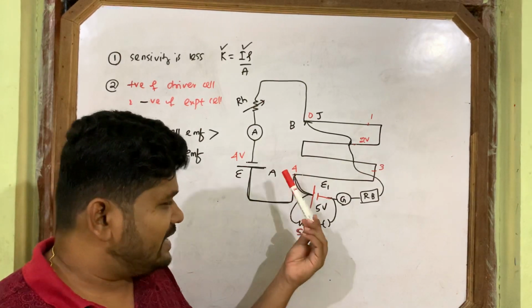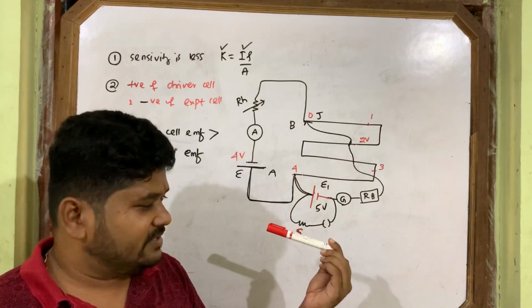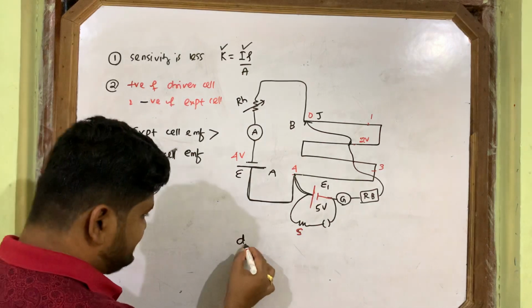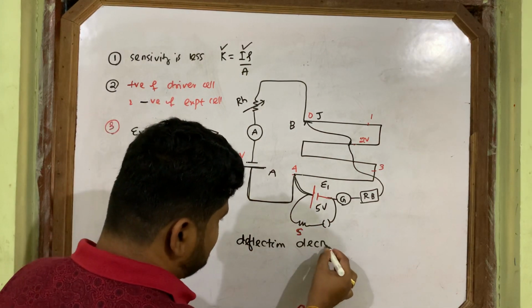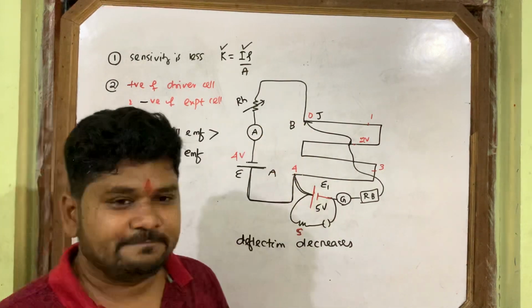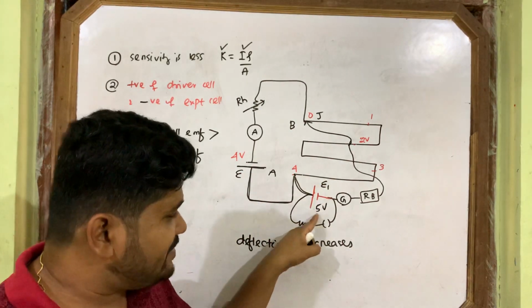If at point A the deflection is maximum, and when the jockey goes towards B the deflection decreases, mark this point. Deflection decreases when you go from A to B means the connection is correct and this cell EMF is more.